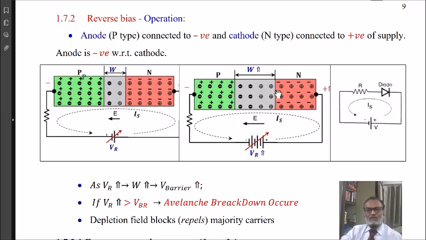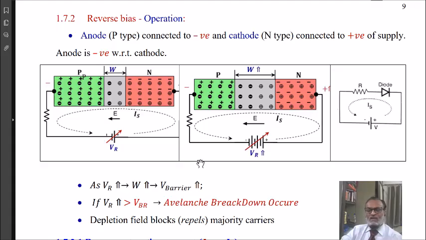They acquire velocity and liberate additional electrons when they collide with the immobile ions. A large number of charged particles are generated, and this process is called avalanche breakdown. Therefore, suddenly a large current flows after a specific large voltage called the reverse breakdown voltage.